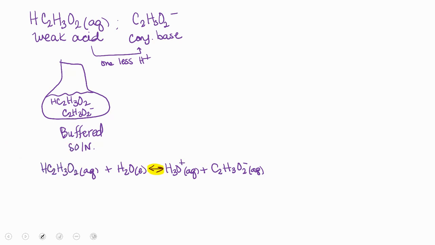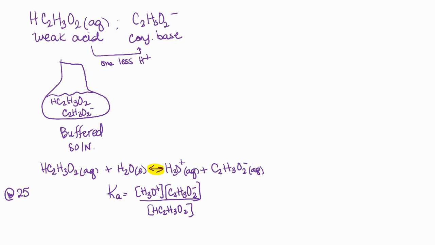Then we'll write this out as Ka equals hydronium times acetate over weak acid. That's our Ka expression. At 25 degrees, Ka equals 1.8 times 10 to the negative 5. Where did I get that number from? This would be given, a standard value from the back of most textbooks.